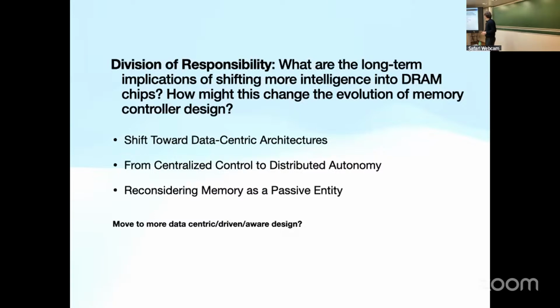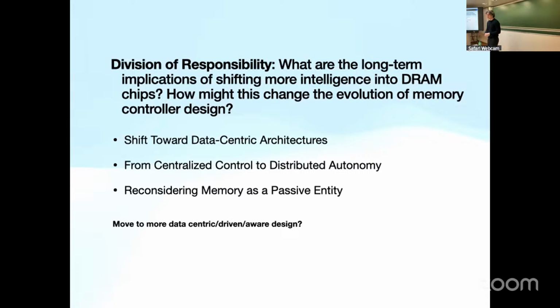Okay, so I believe that such changes could definitely allow a shift towards more data-centric architectures, as this is the first step towards allowing processing, or at least giving some responsibility to the DRAM chips itself, and not having every operation be done in the processor itself.